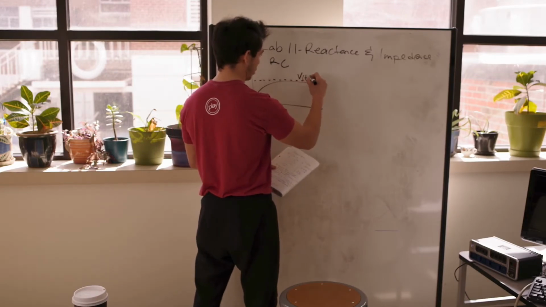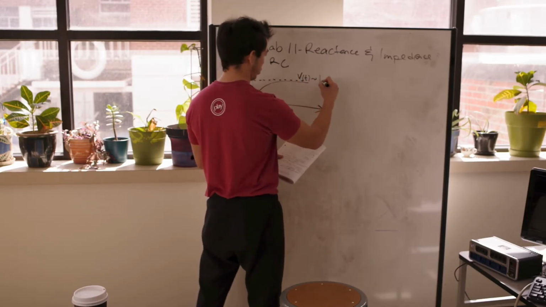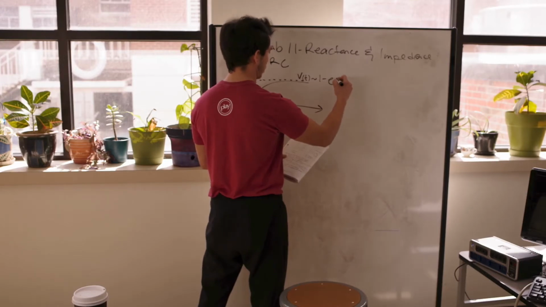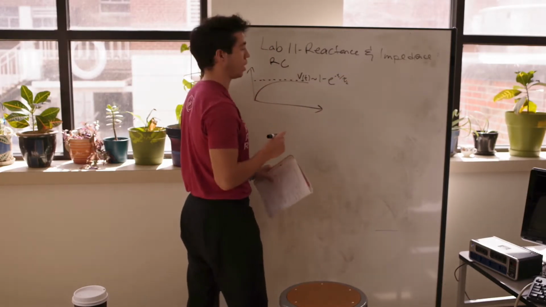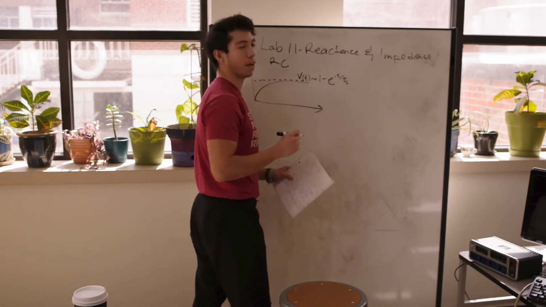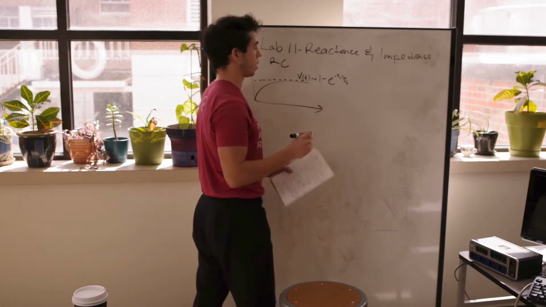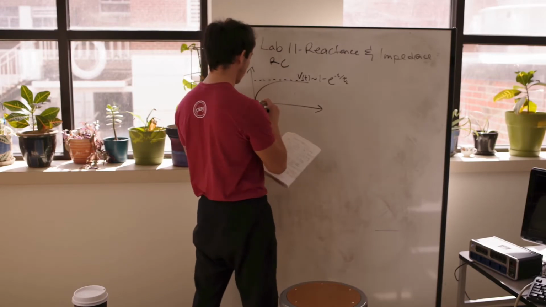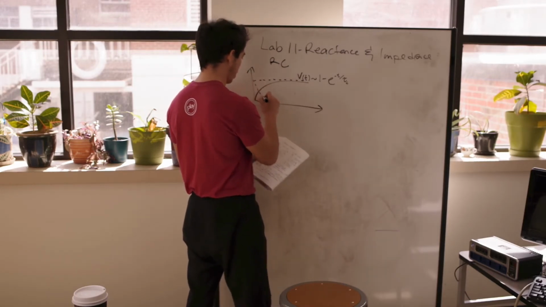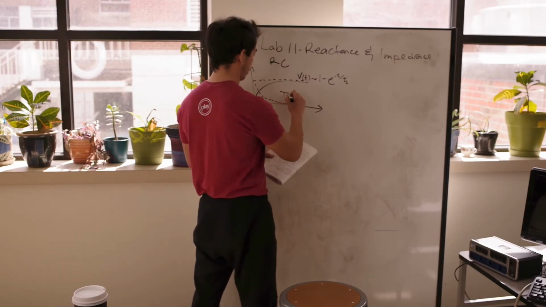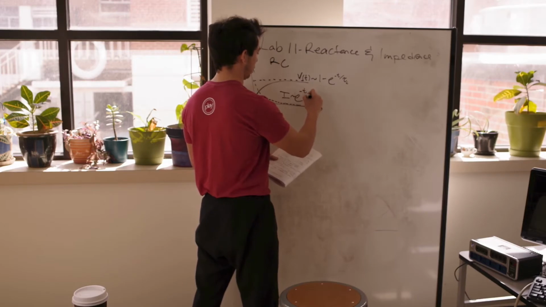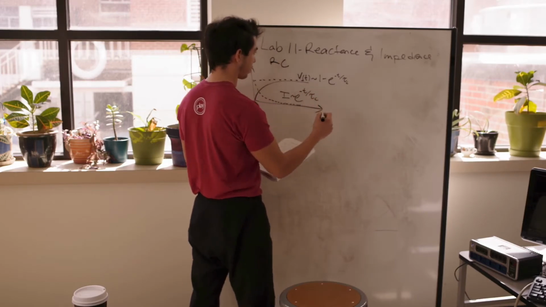So the voltage is proportional to 1 minus e to the negative t over tau c. We'll use tau c to indicate that the time constant is the capacitive time constant. Also, the current time dependence for the RC circuit was an exponential decay, so it's proportional to e to the negative t over tau c.